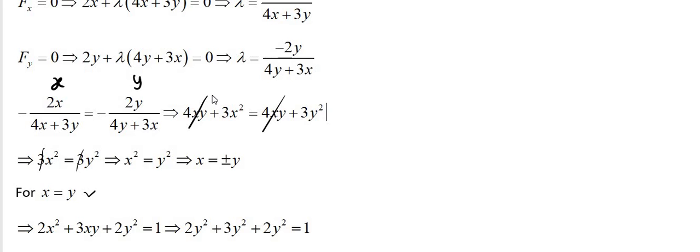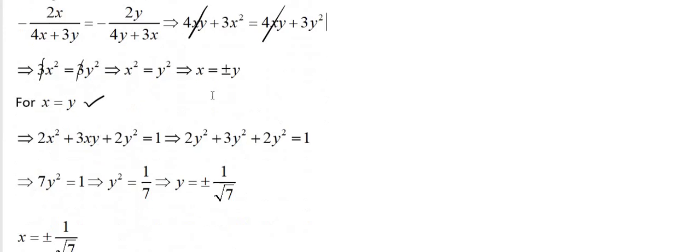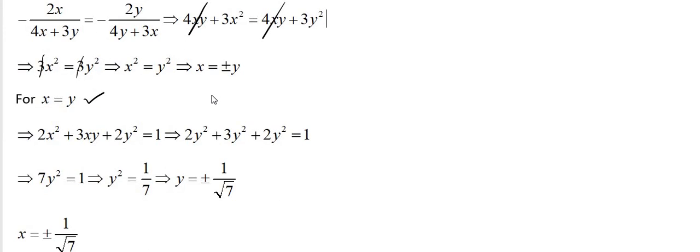Next, I am going to consider the case x = y. Substitute in this equation, the given g(x, y). So 2 into, replacing x by y, y² plus 3 into y·y is 3y², plus 2y² equals 1.